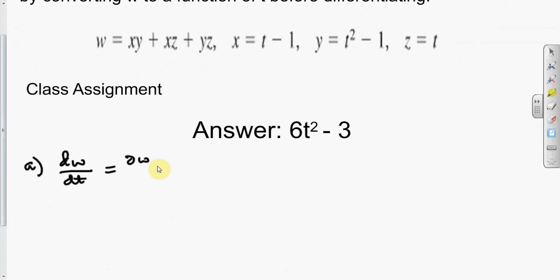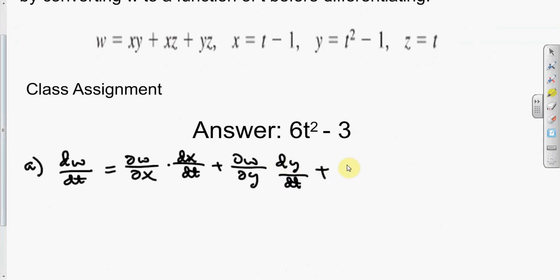The partial of W with respect to x times dx over dt plus the partial of W with respect to y times dy over dt plus the partial of W with respect to z times dz over dt.